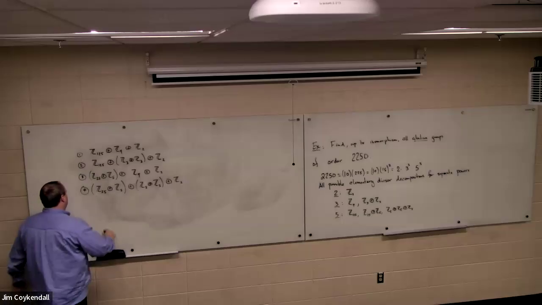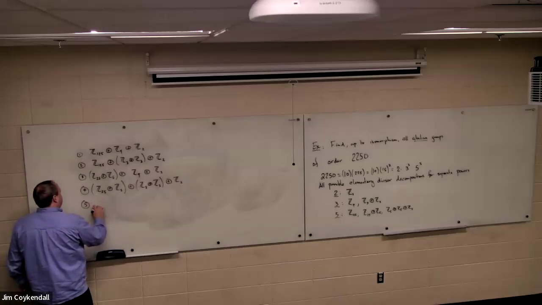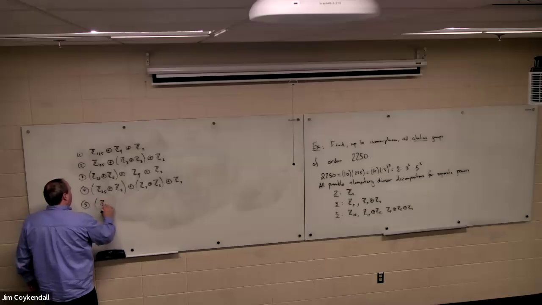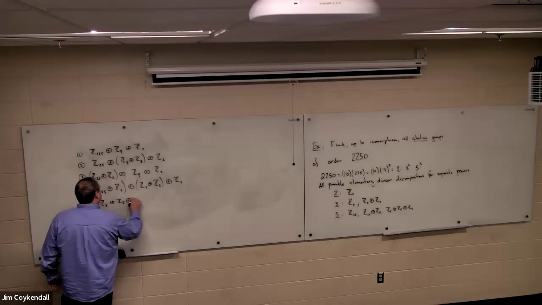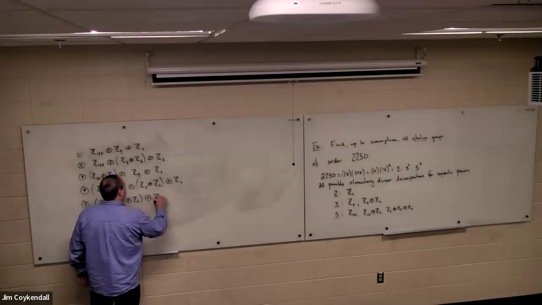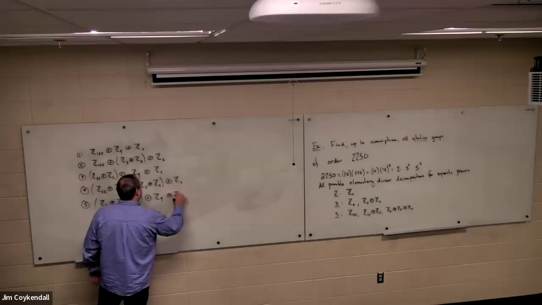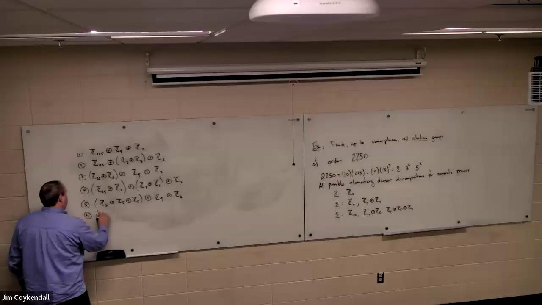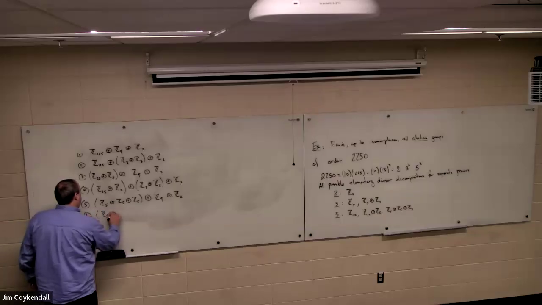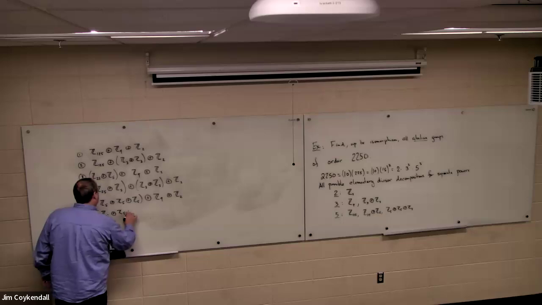And finally, I have the case where the Sylow 5 group is C5 direct sum C5 direct sum C5.